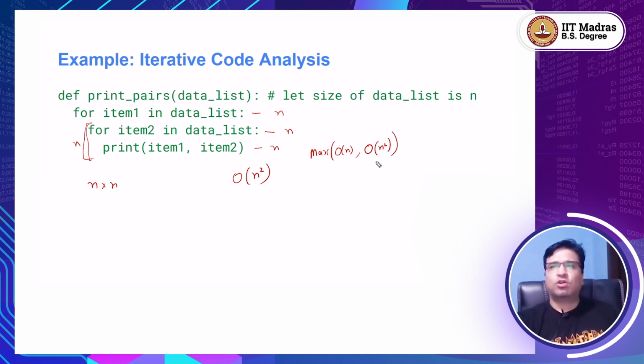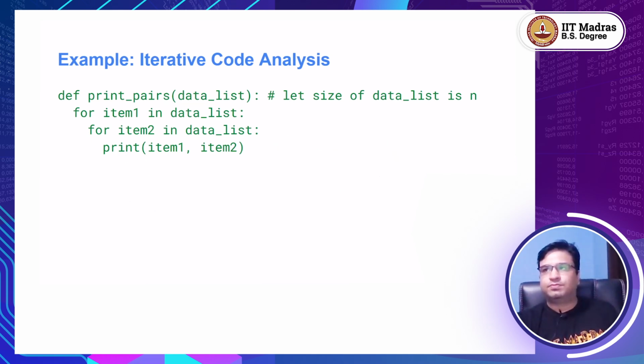So we take the overall complexity as the max of the complexities of all blocks. So the overall complexity will become n square if we have two sequential blocks, one running after the other. In this way, we calculate the complexity for iterative code.